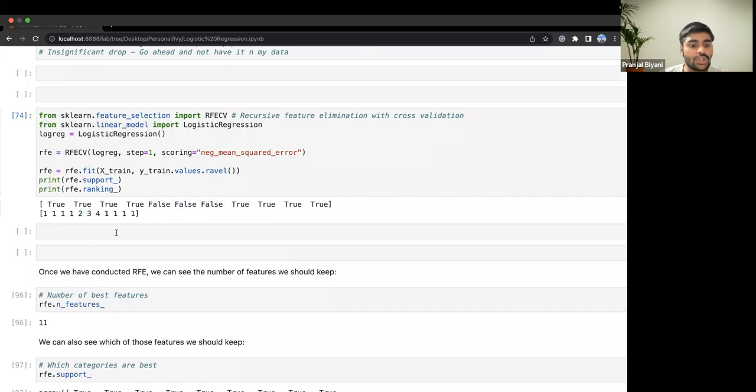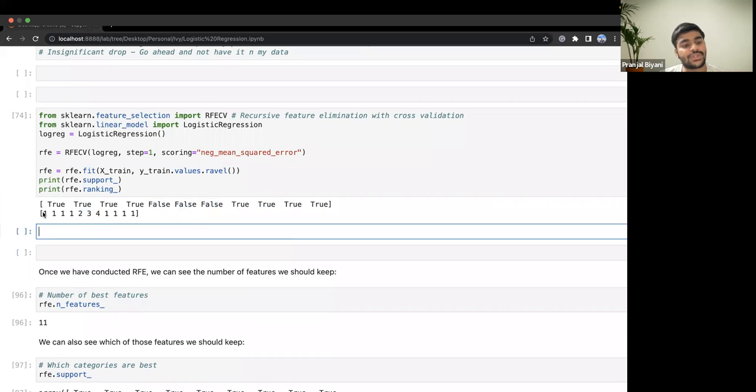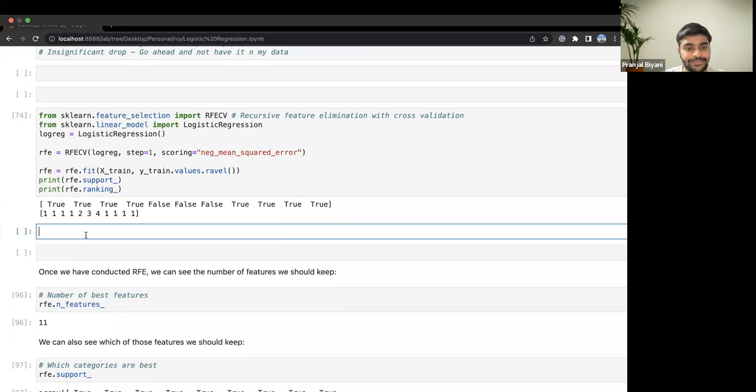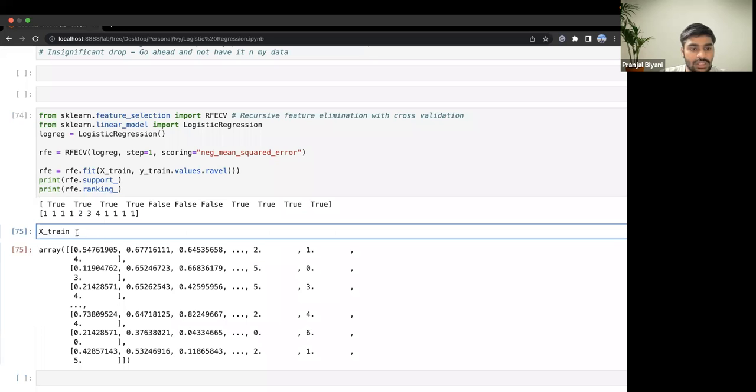So suppose you want to have all the features with the rank 1, which are obviously the most important, but you're also okay with having all the features which have rank 2. Up till rank 2, you are okay to accept. Post that you want to drop. Okay. So if you see Xtrain, let's try.